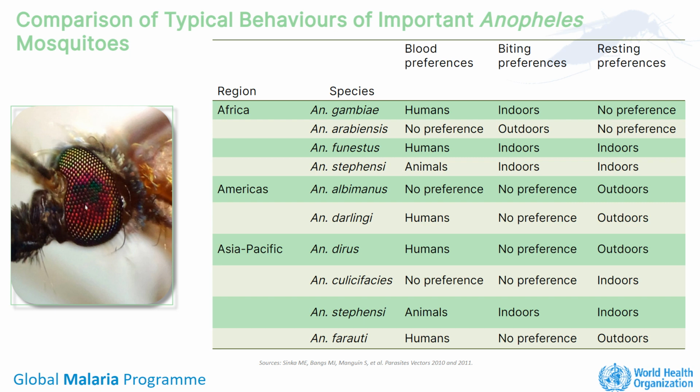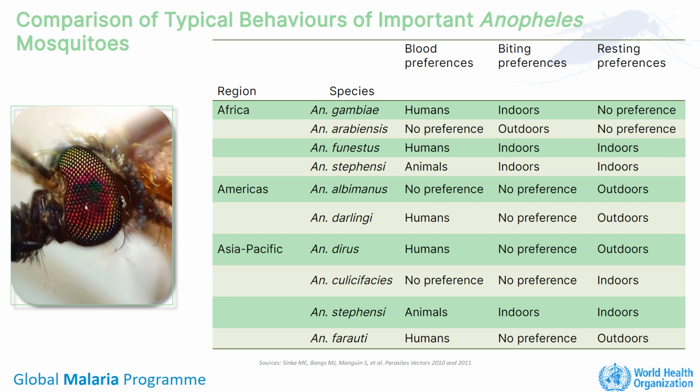This table highlights the behavioral tendencies of some of the key vectors in Africa, the Americas, and the Asia-Pacific region. It is important to remember that while these tendencies are characteristic of these species, all mosquitoes can exhibit variation depending on local conditions, and the long-term deployment of certain interventions may result in changes to mosquito behavior.